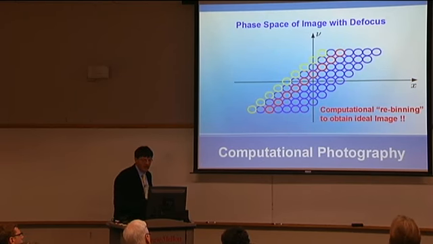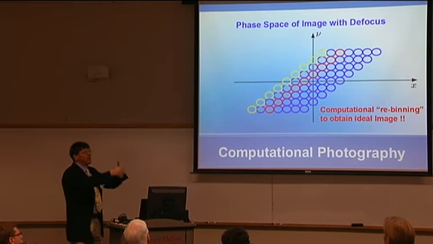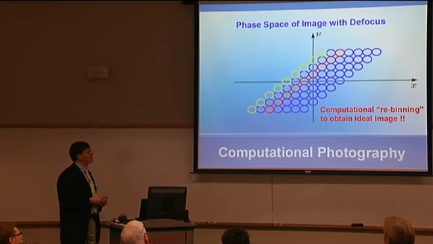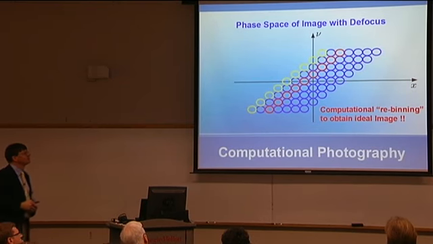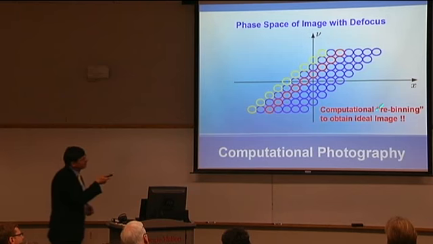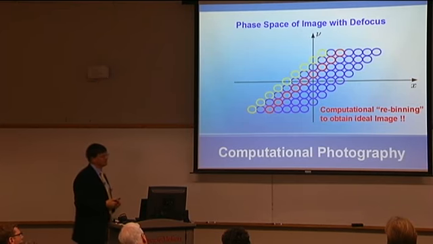Now, if I'm out of focus, we talked about this, out of focus means propagating through free space, which means a shear of our phase-space distribution. So now the distribution that we are getting is something like this. And, well, thanks to the computer, we can just take these measurements, plug them back where they belong, and then compute our image.